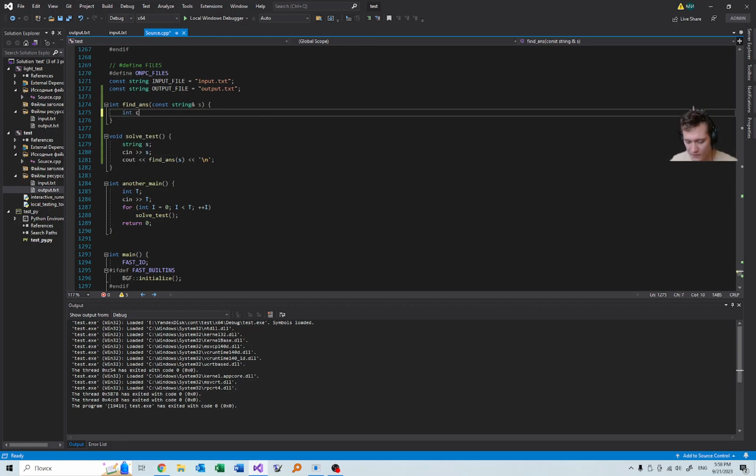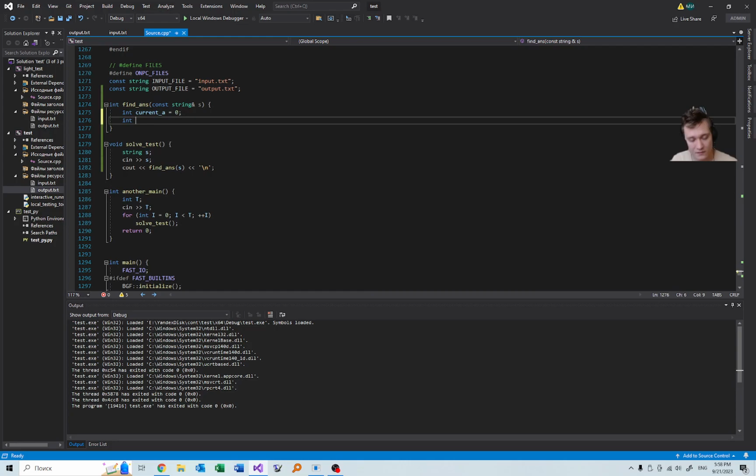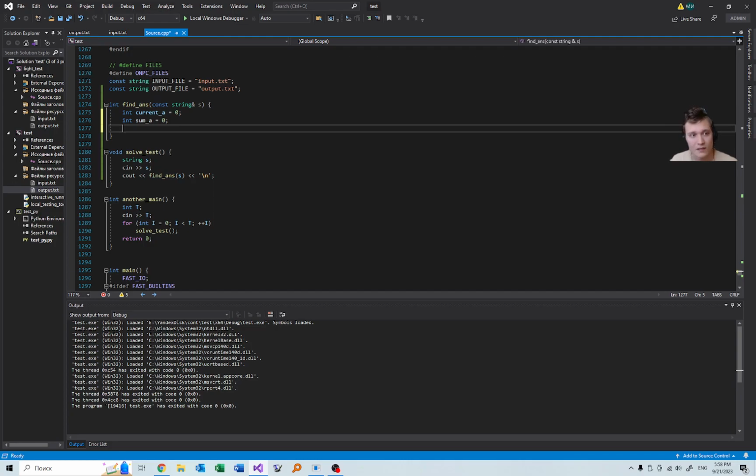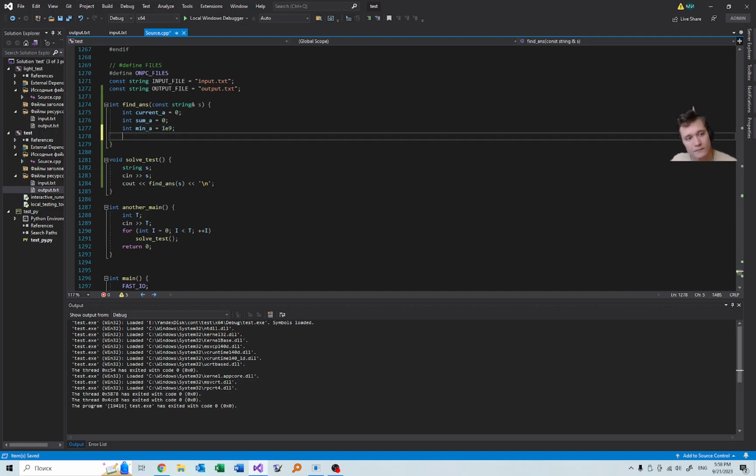So we have current block of A equals 0. We have sum of all blocks of A, which is also 0 initially. And we have also minimum block, which is 1e9, for example. And of course, we want to have the number of blocks. No, we do not need it actually. So let's go through all. I think we can do char c from s.